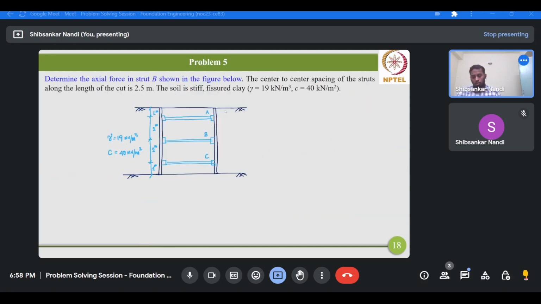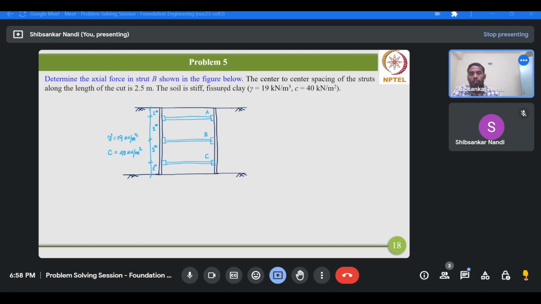Okay. Now, two more problems are there, so we'll solve them quickly. For problem 5, we have to determine the axial force in strut B shown in the figure below, and the center to center spacing of the struts along the length of the cut is 2.5 meter.